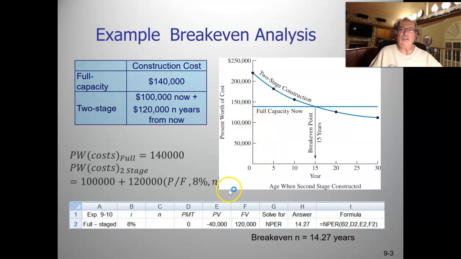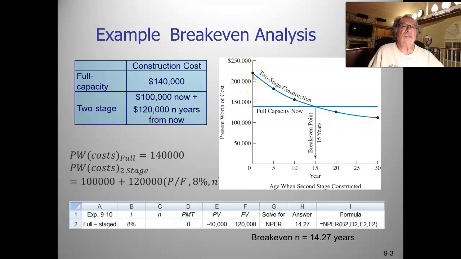So this shows you, if you have the textbook, the one step, if you will, method of calculating the break-even point. But fundamentally, your present value of full capacity is $140,000 regardless of when the second stage is constructed, or the timing of the second stage.